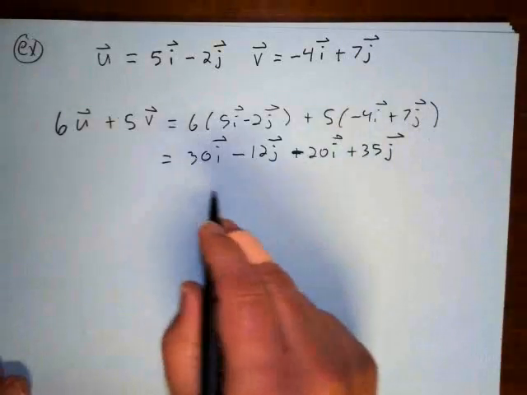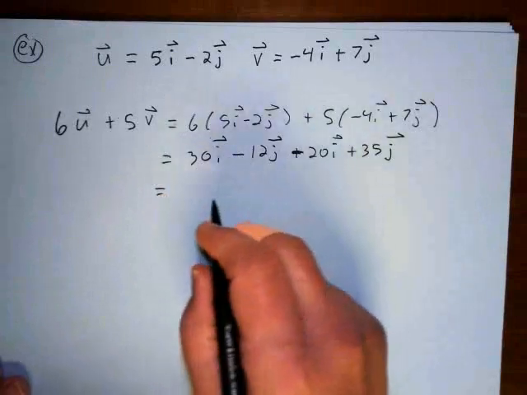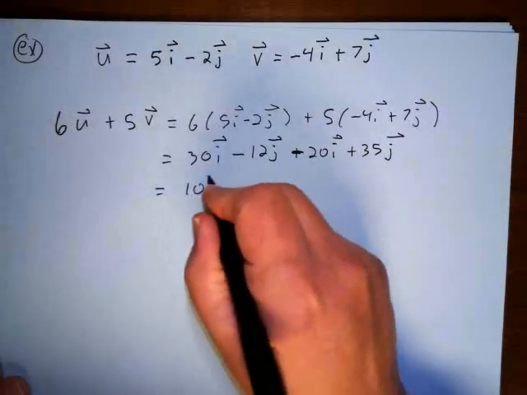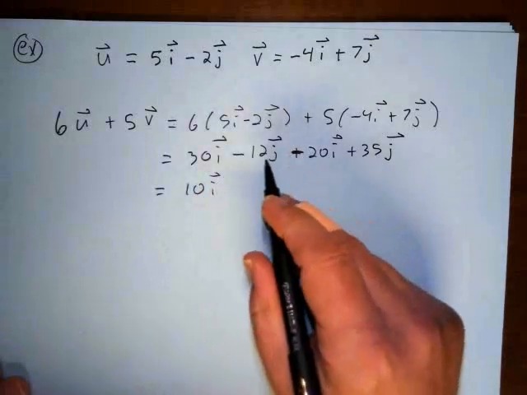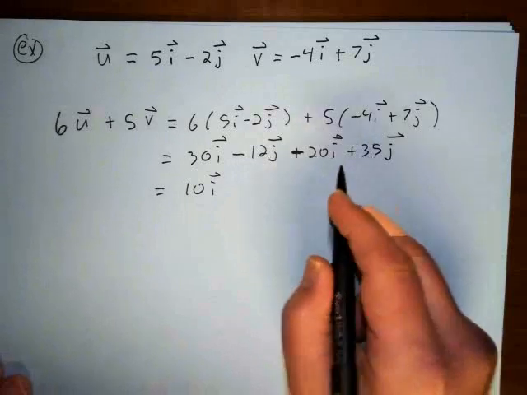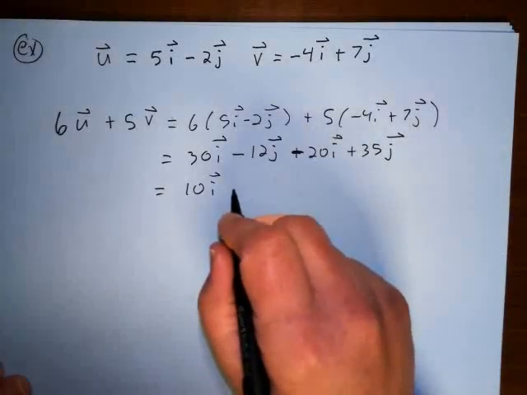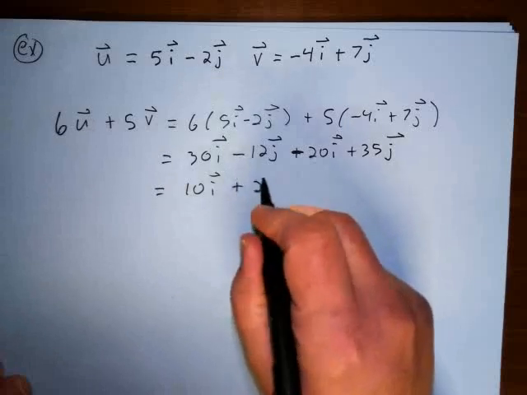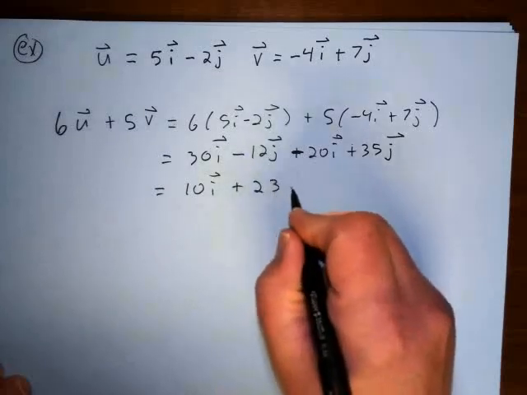Now you can combine, kind of like combining like terms. When you subtract these two, I get 10i, and then subtracting these two, I get plus 23j.